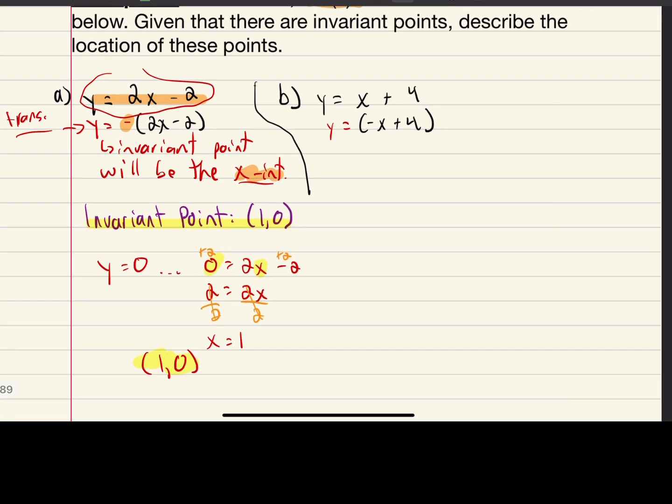Now, if I look at the next equation, y is equal to x plus 4, the transformed function is y is equal to bracket negative x plus 4. Here, that represents a negative value for the b, which means that we have a reflection over the y-axis.